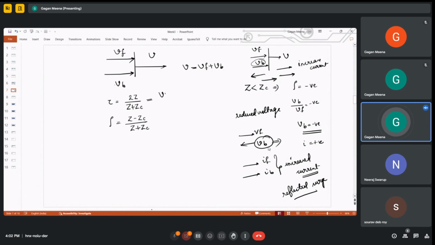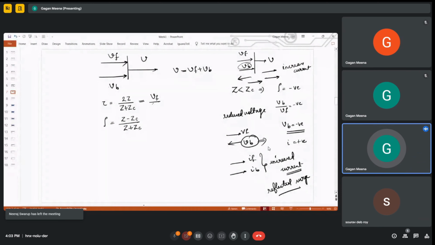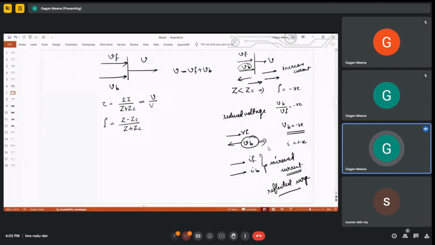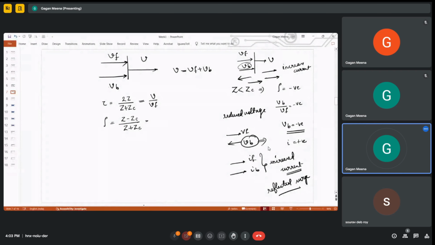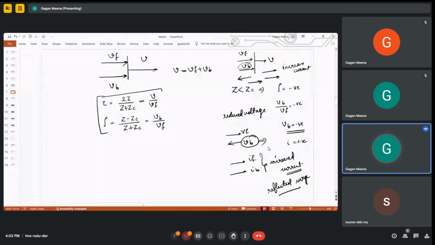So this is V divided by V forward and this is VB divided by V forward. This is the same which we have to use when the line is terminated with a transformer.